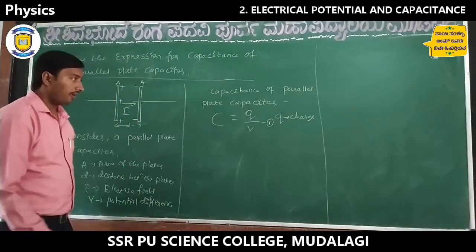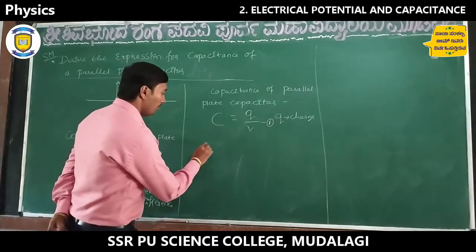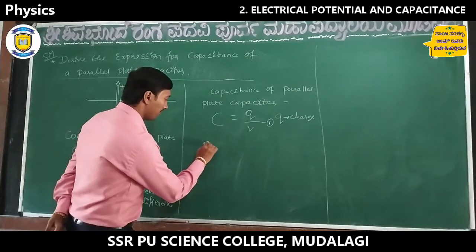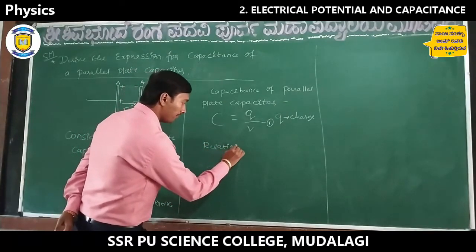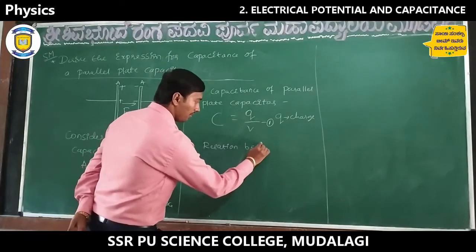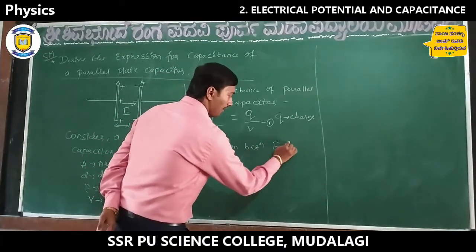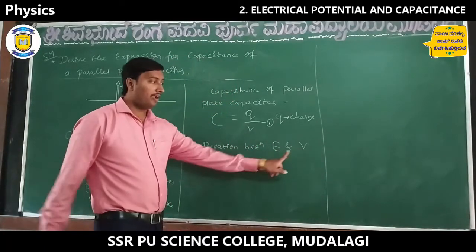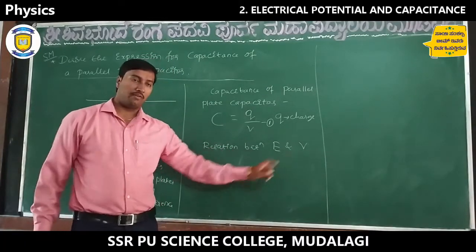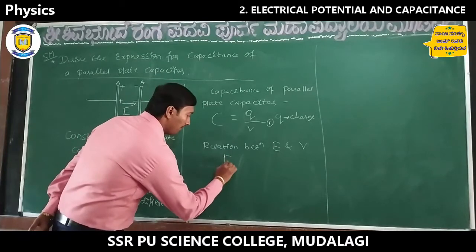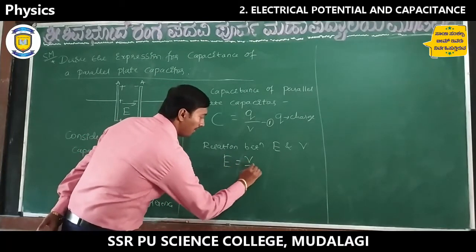Next, we have the relation between the electric field and the electric potential, which we already derived in this chapter. E is equal to V by d.